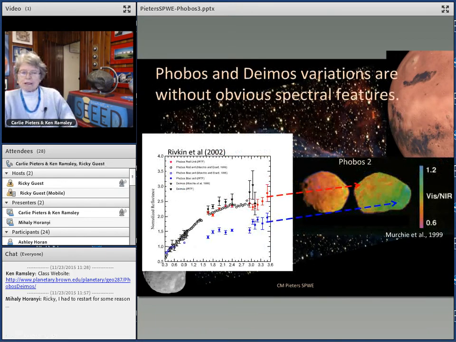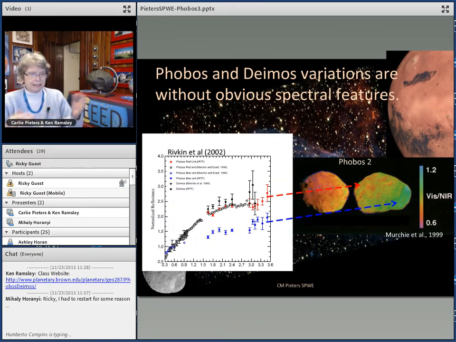You may remember from Andy Rifkin's discussion on the color of Phobos, the spectrum shown here, which is from the visible to the near infrared for both Phobos and Deimos as well, really doesn't have any major absorption bands that are highly diagnostic of pyroxenes and olivines, etc. It's sort of a featureless spectrum, but on Phobos, at least, there are two different forms of this, so to speak.